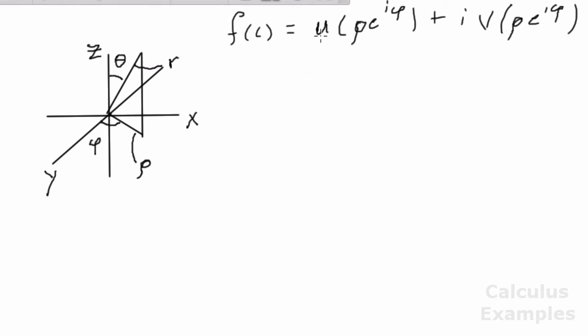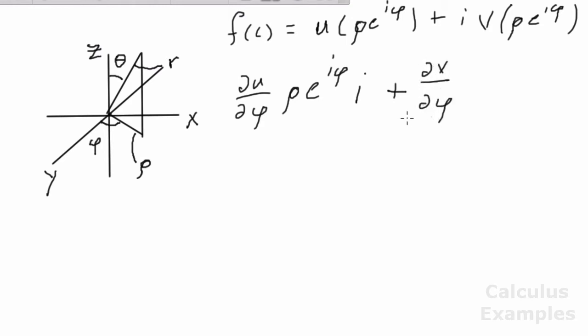So the first step, the partial with respect to phi. So let's get into it. Partial of u with respect to phi, and the derivative of the inside with respect to phi is rho e to the i phi times i, right? The same thing with the second term. So we're going to take the partial of v with respect to phi, and we'll get the exact same second factor on the end, because we're taking the same partial derivative.